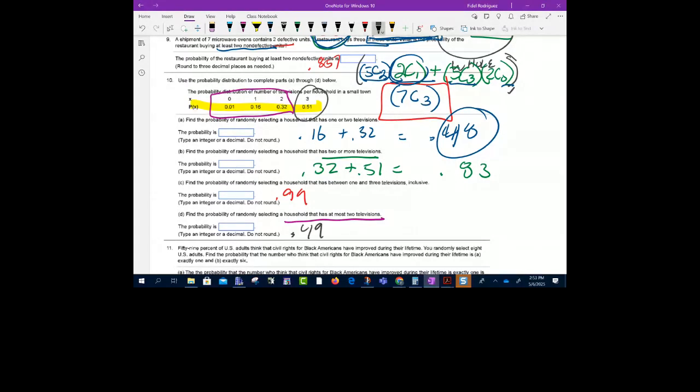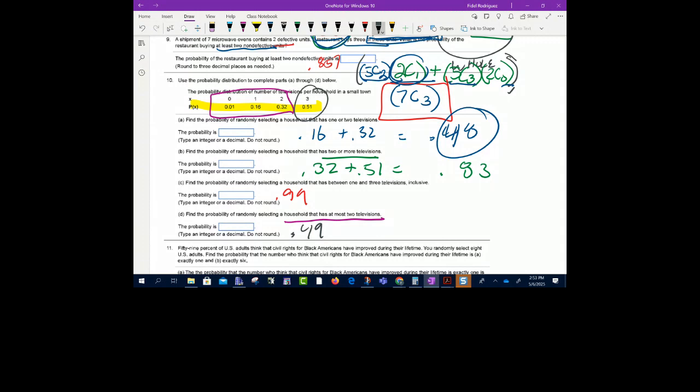And in either case, we should come up with 0.49. So that would be our answer, 0.49? At most 2 means 2 or less, right? So we just added up those three.